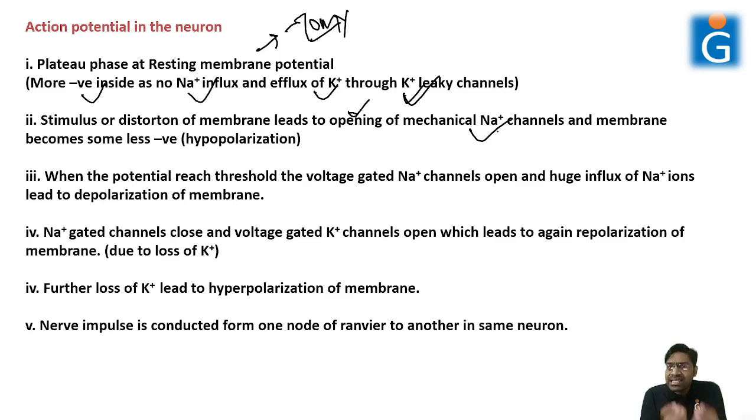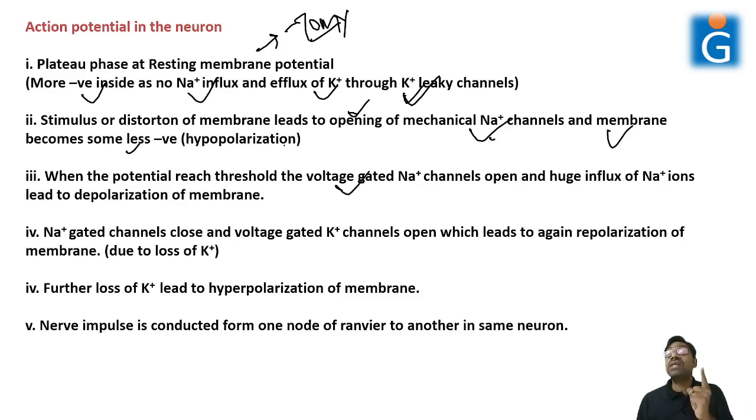This small sodium concentration coming from ECF to ICF triggers a change in voltage and slightly increases the positive polarity, which is going to trigger the opening of the voltage gated sodium channels. The mechanically operated sodium channels are already open, and the membrane potential becomes somewhat less negative, which triggers the opening of voltage gated sodium channels.